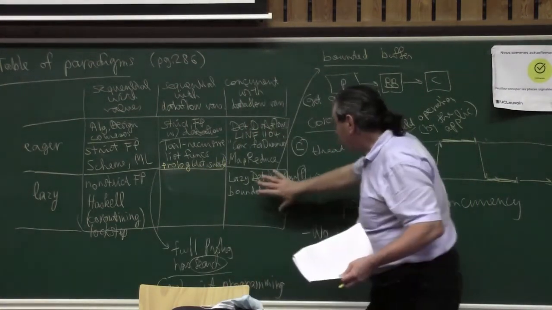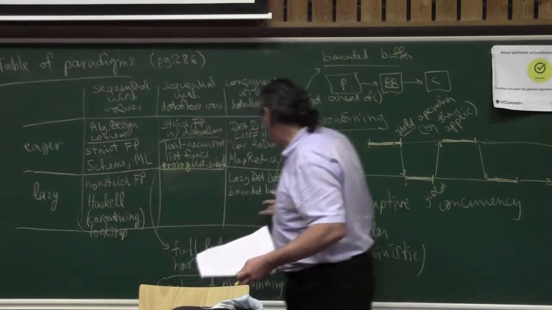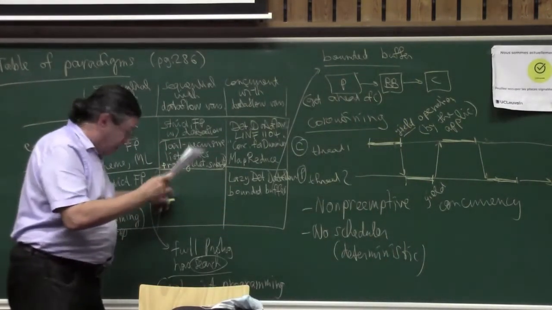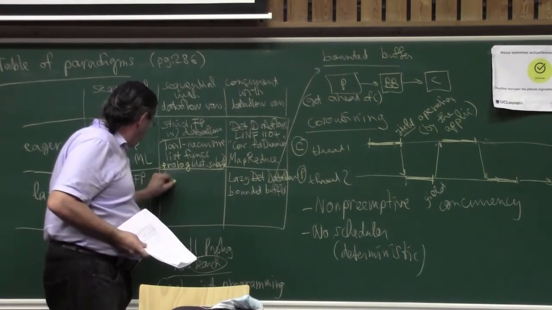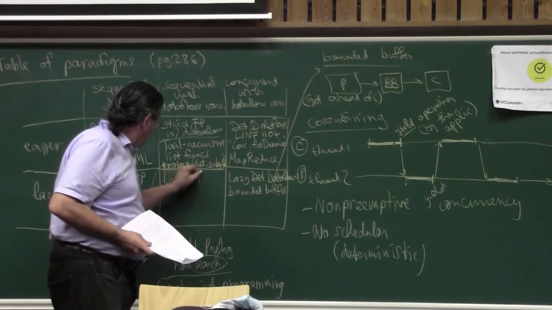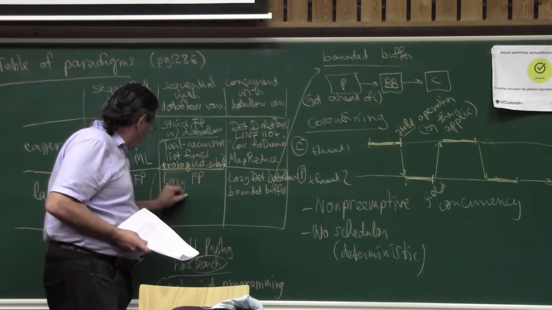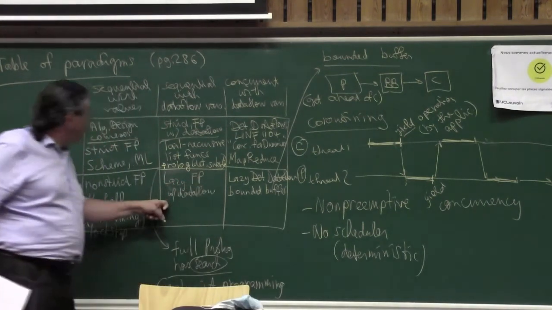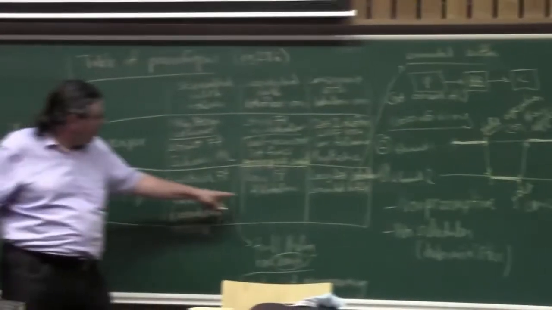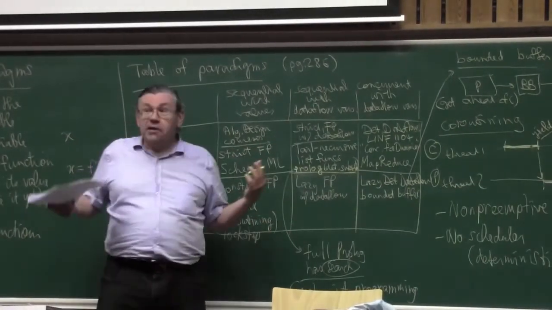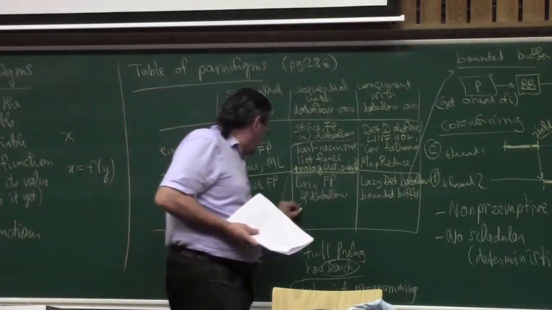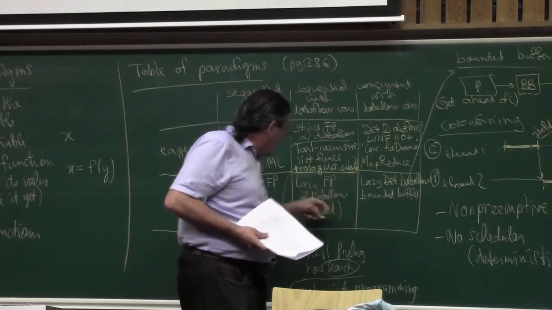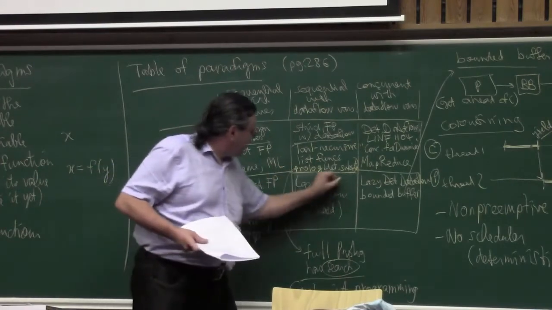Okay? So there's actually a place for both of these models. Here, the middle one is what I would call lazy functional programming with data flow variables. This model is actually not so much used. It's maybe a less useful model than the others.